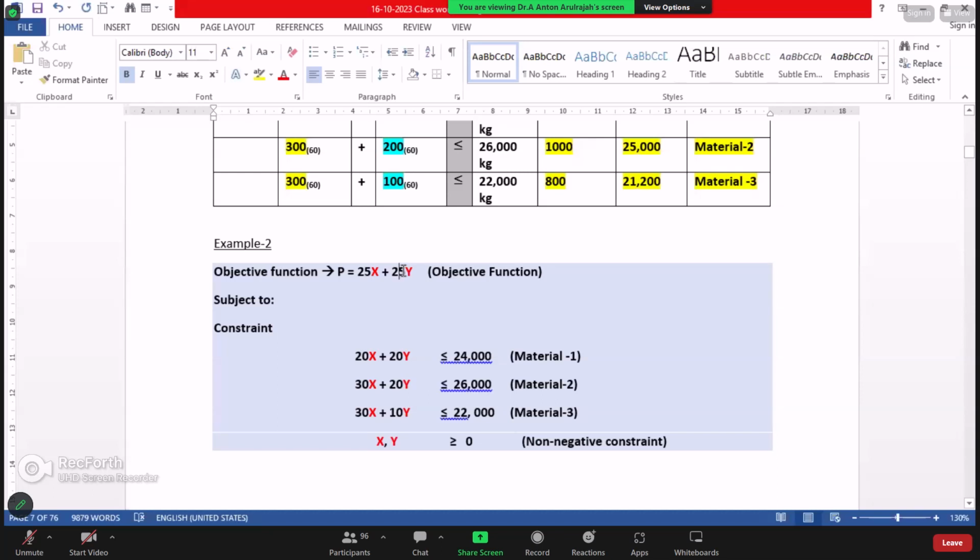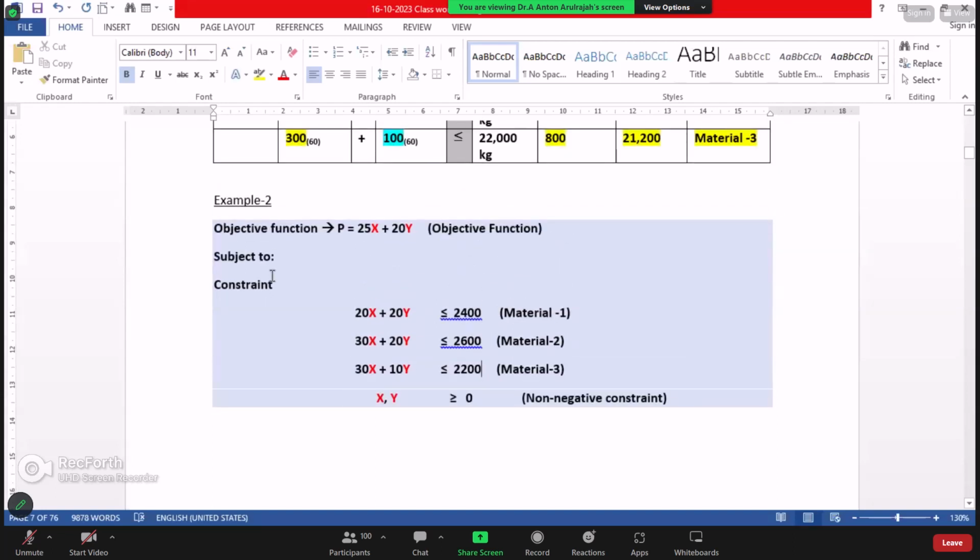This is profit 20. And also the material is at a 10. 2,400 and 2,200. Right. So these are the changes I have made.